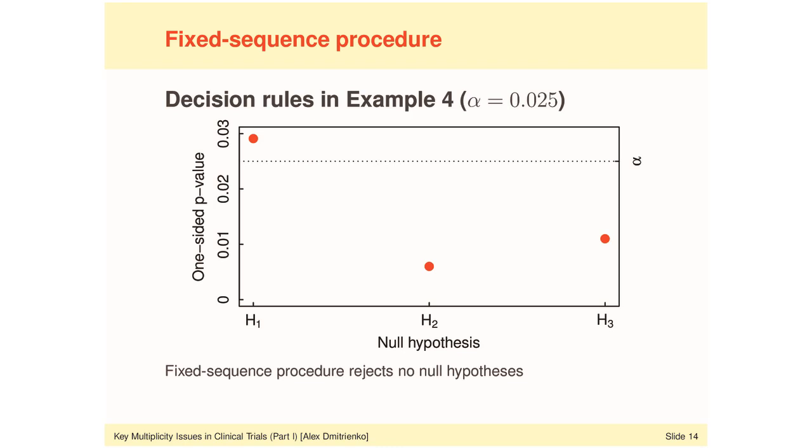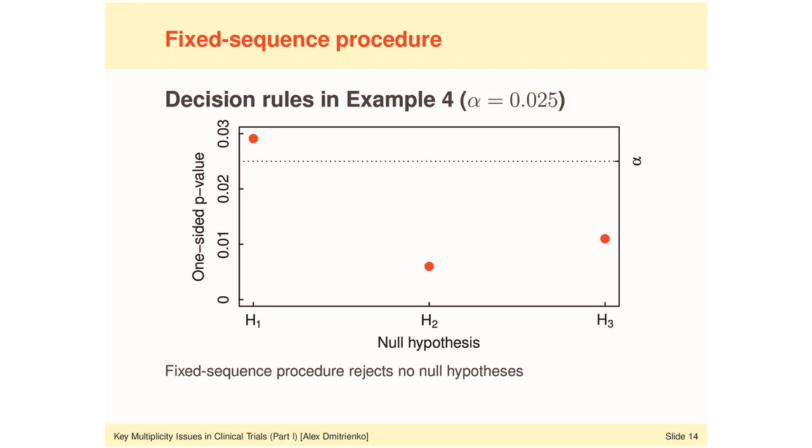In this case, as we can see on slide 14, the fixed sequence procedure cannot reject any null hypothesis, even though there is clearly evidence of a significant effect at doses 2 and 3, but this is before a multiplicity adjustment, of course.